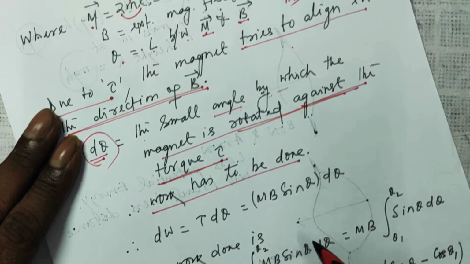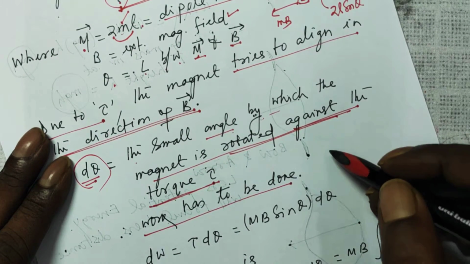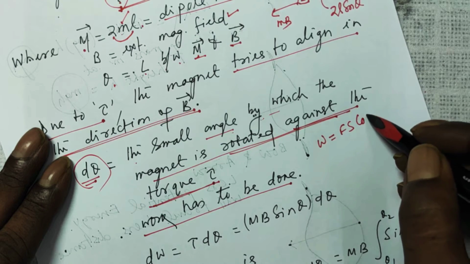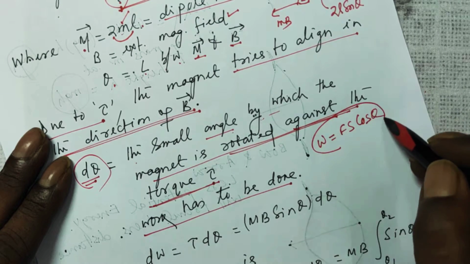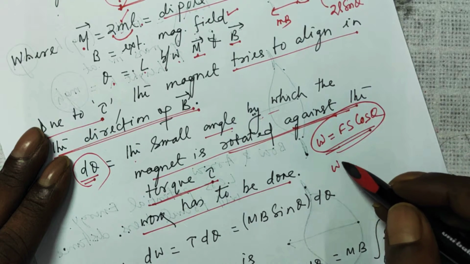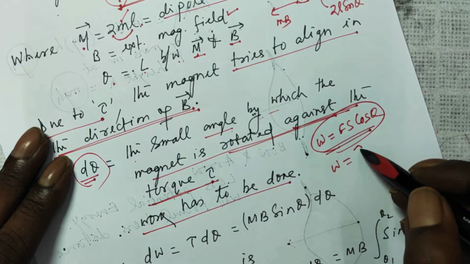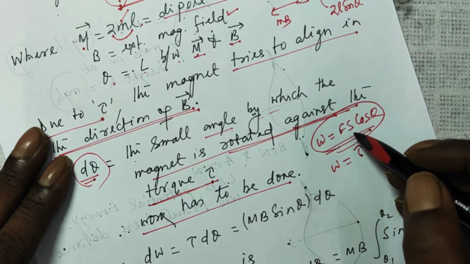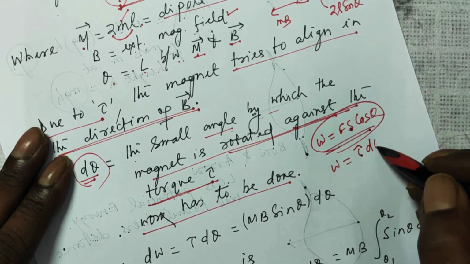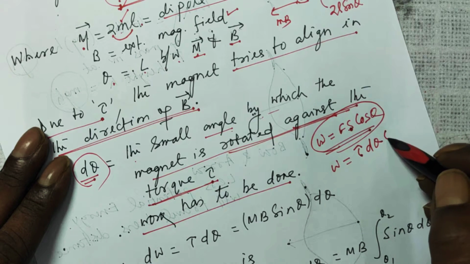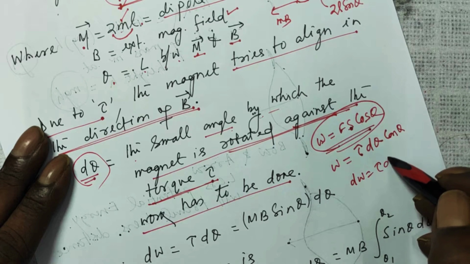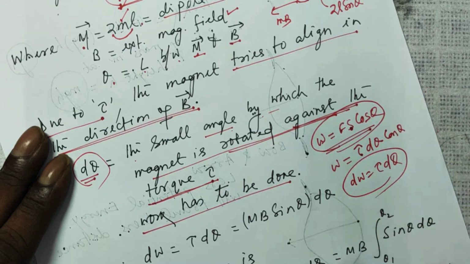And we know in work, energy, power, work was equal to Fs cos theta. Similarly, in rotational motion, work will be, instead of force, we write tau. S was displacement; here there is angular displacement, d theta. So dW is equal to tau d theta.